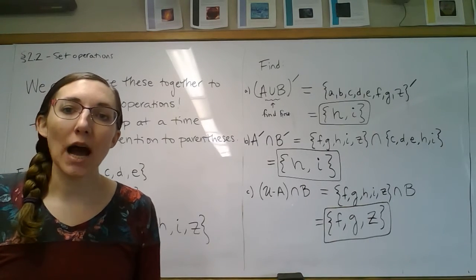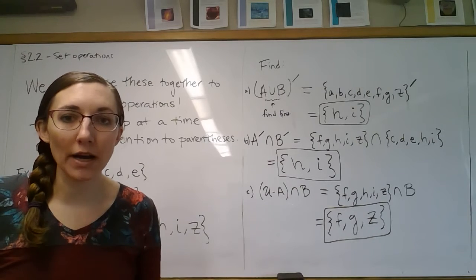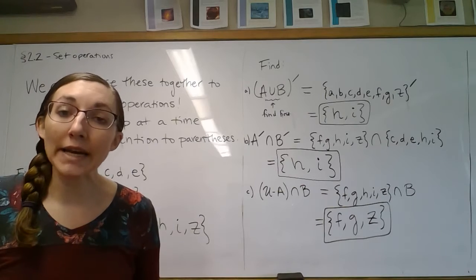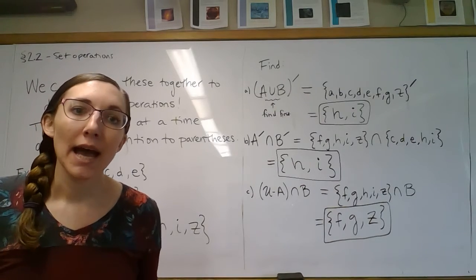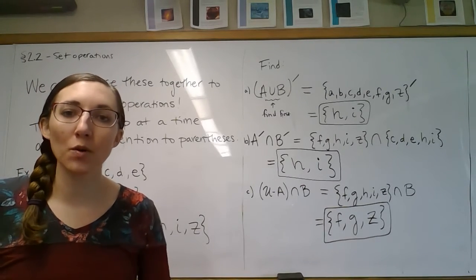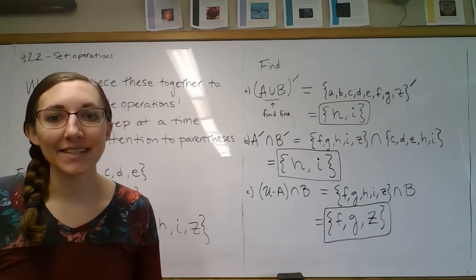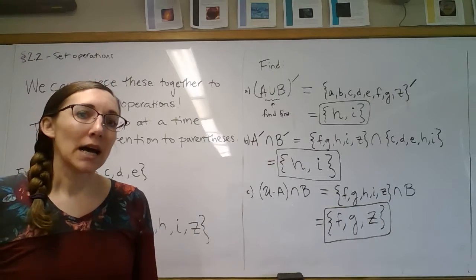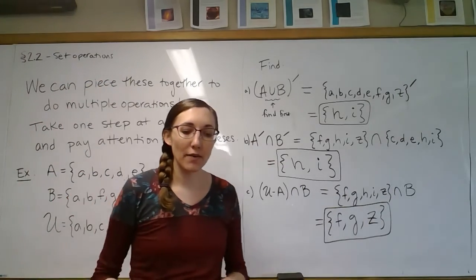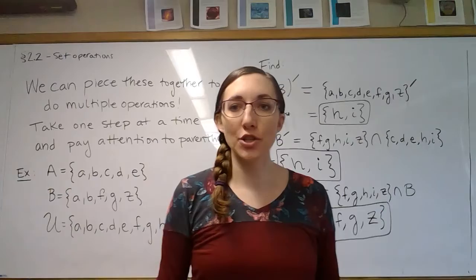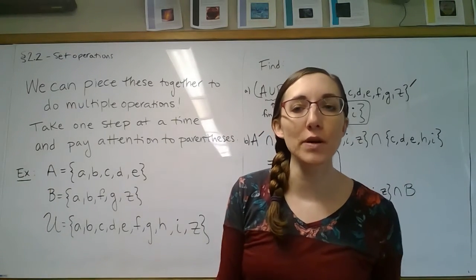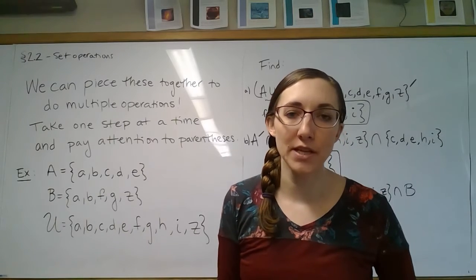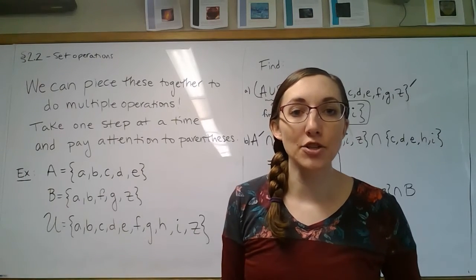So to do these operations when I have more than one, we just have to take it slow and do one operation at a time, and we'll show work by showing what those steps are, what sets we get one operation at a time. This is actually going to be the end of our board notes for section 2.2. So what you have now is there are two more questions on your worksheet for section 2.2 that you're going to do.